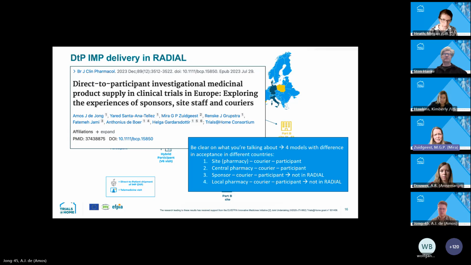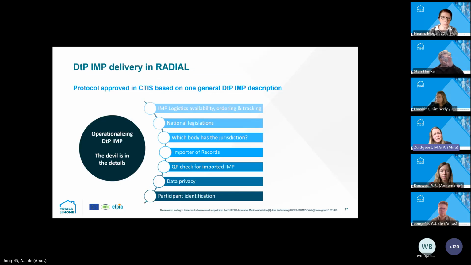If we can go to the next slide. So DTP-IMP sounds easy. The protocol was approved in CTIS based on our general description, but then the devil is in the detail. So next to the points already discussed, it's national legislations influencing that, who actually has the jurisdiction to decide on what is allowed and what not, which may be different in federated systems like Spain and Germany than in other countries.